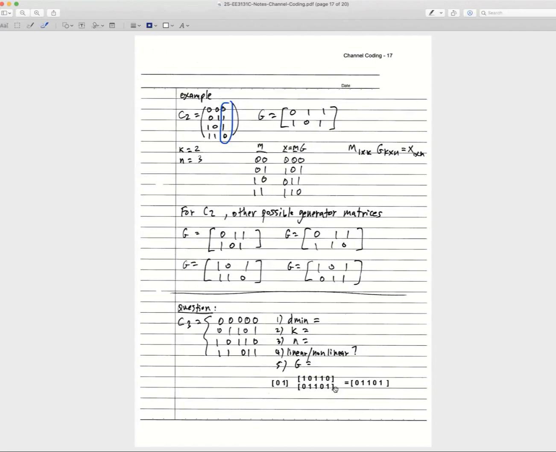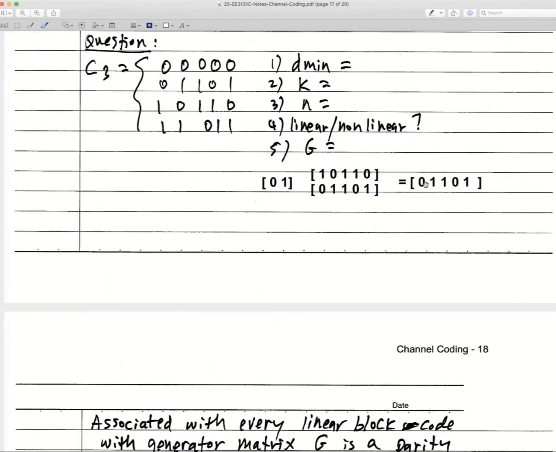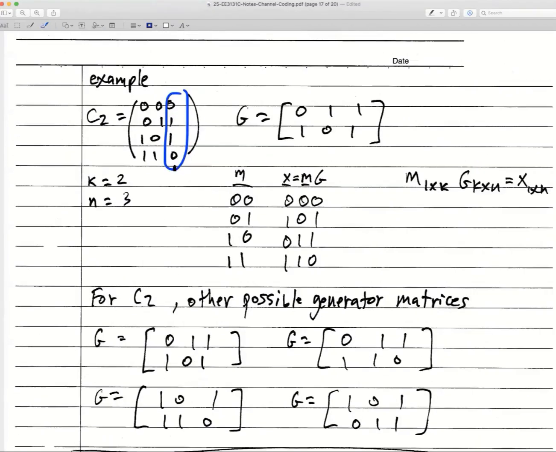So in this example here, we see that the first two bits include my message, but it need not be that case. Please keep in mind that for this code here, it's instructive for you to see what happens, what's the mapping from this generator matrix here.